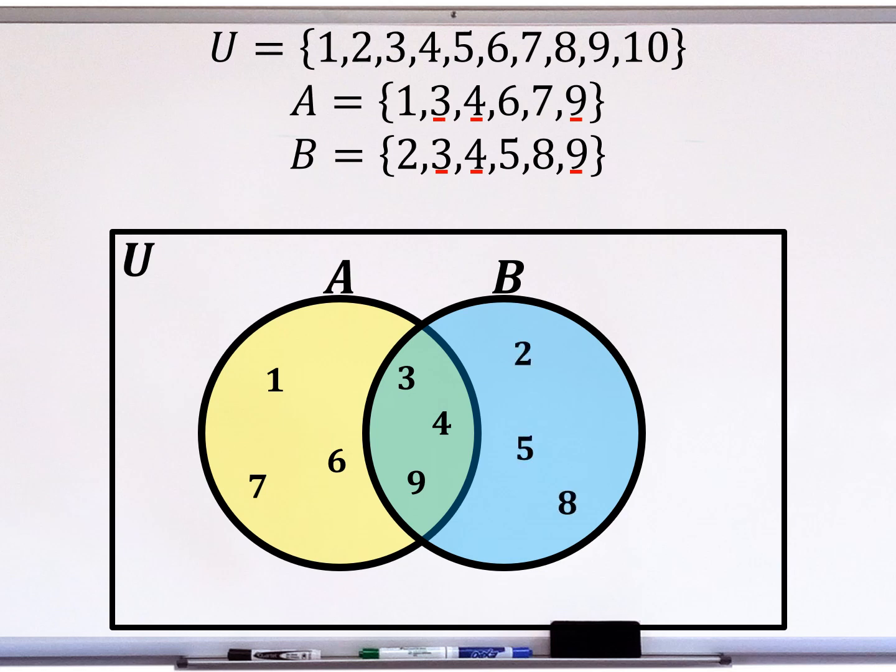Then take a look at all the elements of the universal set U and check if all the given elements are listed inside the rectangular box. There's a missing element, and that is the number 10. So you're going to write the number 10 outside of the two circles, but still inside the rectangular box.